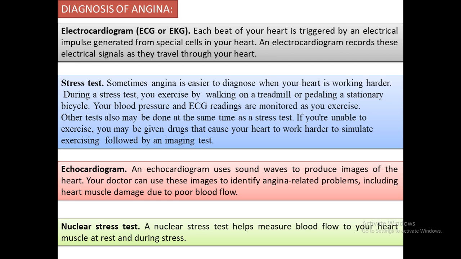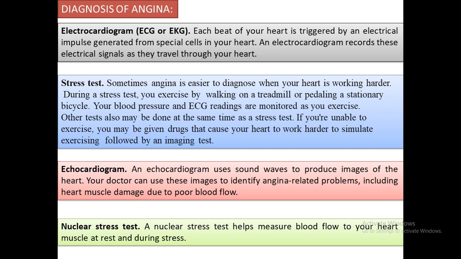So if you go through the ECG, you get an idea about any abnormality in the electrical signal as it travels through your heart. Is there any problem associated with it? You can get an idea from the ECG. Then the stress test: sometimes angina is easier to diagnose when your heart is working harder.